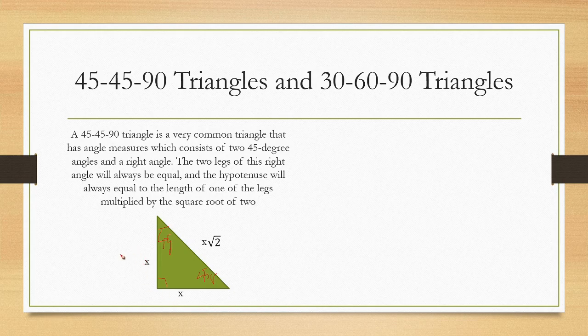That means no matter what this is, even if it is 3 or 3 million, x would equal the other side. And the hypotenuse will always equal x multiplied by the square root of 2. So if you have 3 as your x, then the hypotenuse will equal the square root of 2 multiplied by 3, like this.